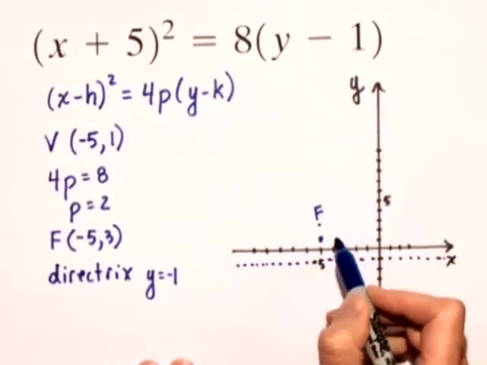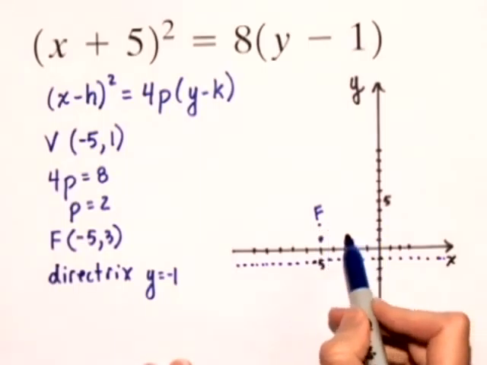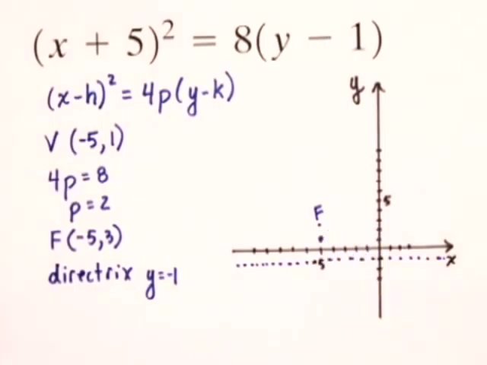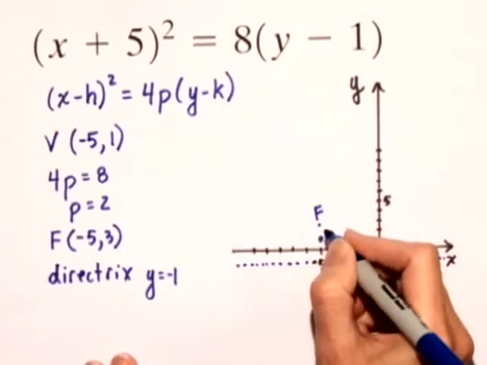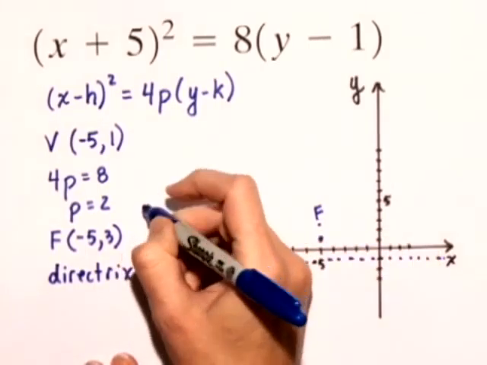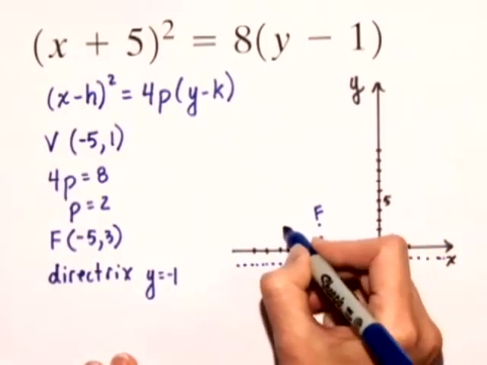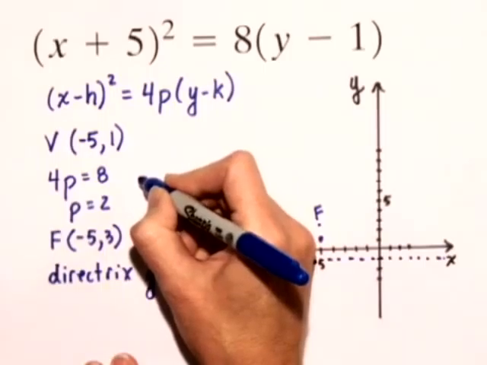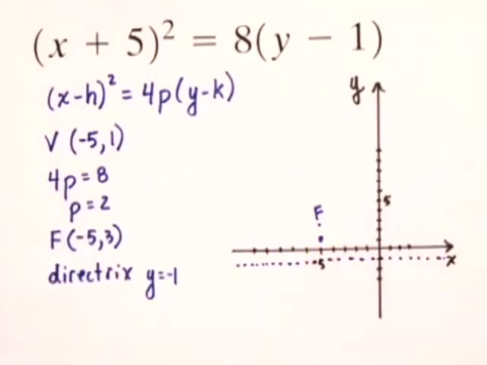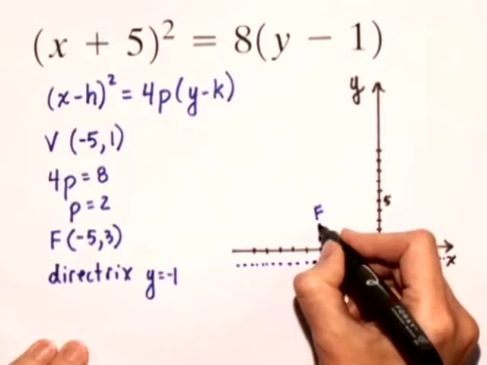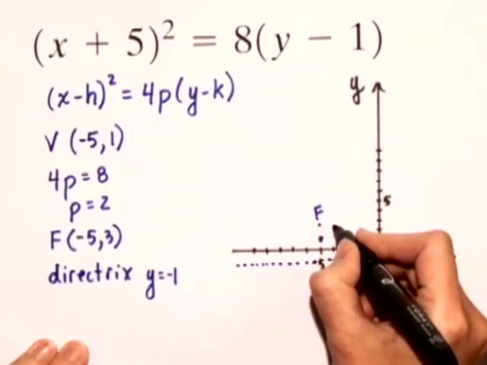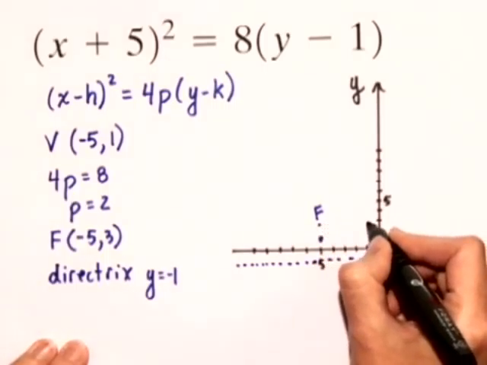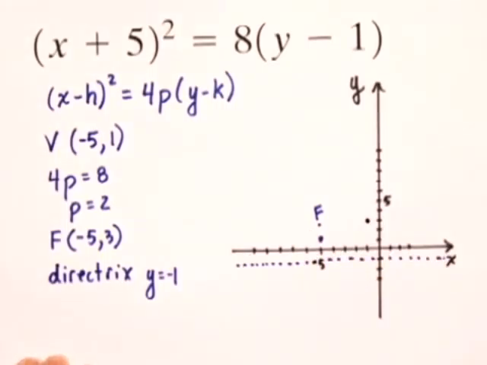Now, how wide does it open? We need to find a couple of points in order to help us graph. Here's a trick that we can do. Since p is equal to 2, we know that this total opening at the focus is going to be 4p units. Since 4p is equal to 8, we can go half of 8, or 4 units to the right of the focus, 1, 2, 3, 4, and we get 1 point on our parabola.